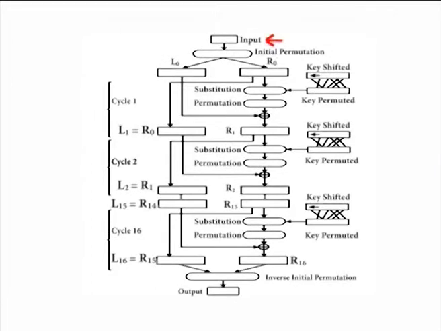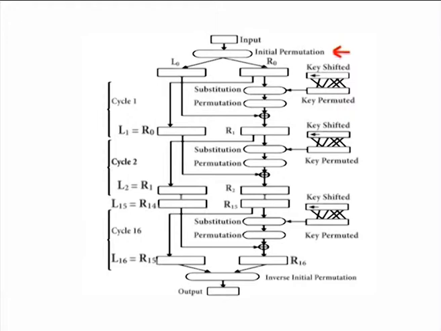Input to the DES is divided into blocks of 64 bits. The 64 data bits are permuted by a so-called initial permutation. The 64 permuted data bits of stage 1 are broken into a left half and a right half of 32 bits each.